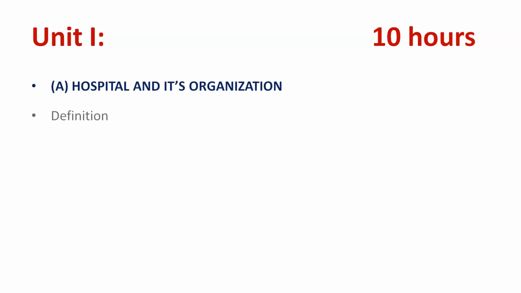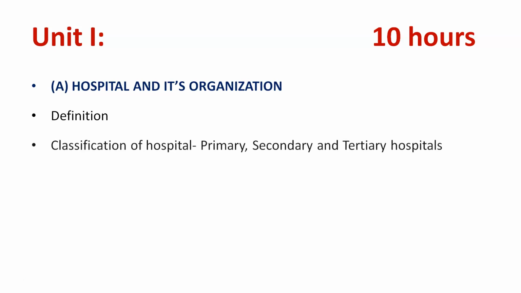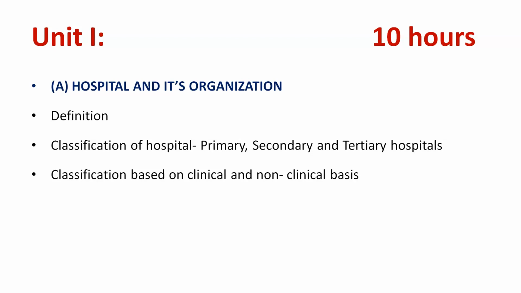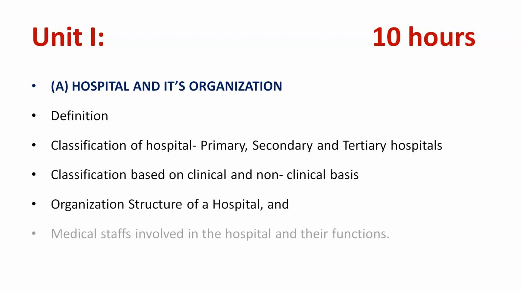The time allotted for unit 1 is 10 hours, and during this 10 hours period we'll be covering hospital and its organization, where we'll be seeing and trying to understand the definition, classification of hospital based on primary, secondary and tertiary care hospitals, classification based on clinical and non-clinical basis, later organization structure of a hospital and medical staffs which are involved in hospital and their functions.